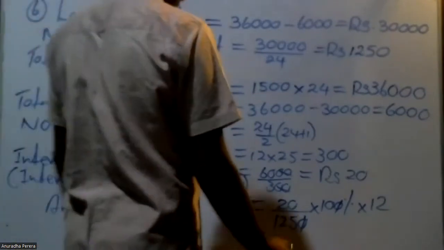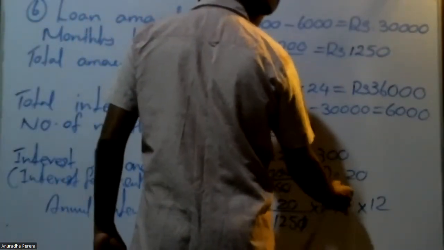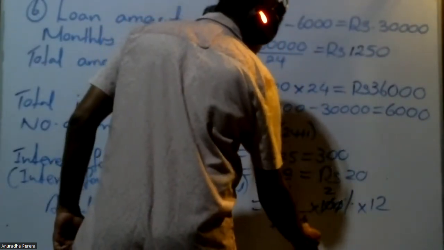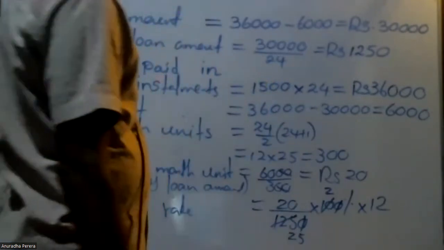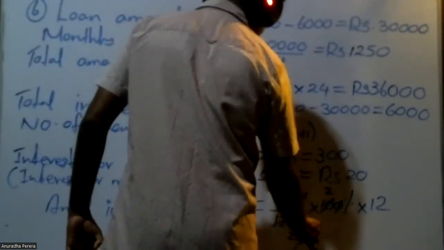Divide by 5 to 25, then divide by 5 again. 4. This one is 5.